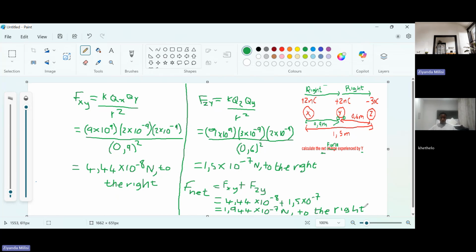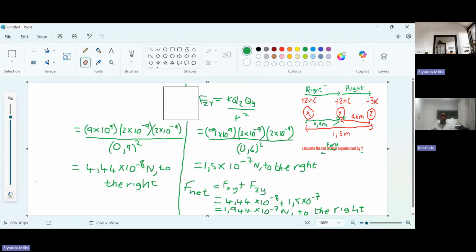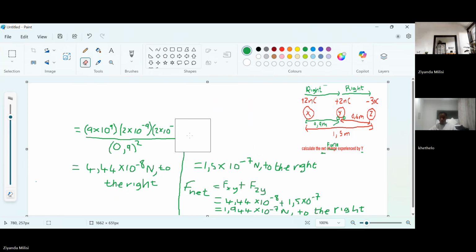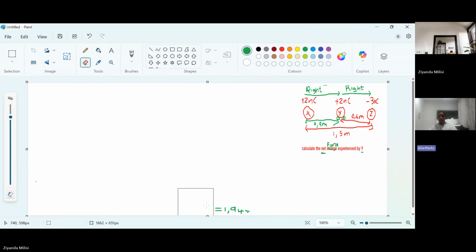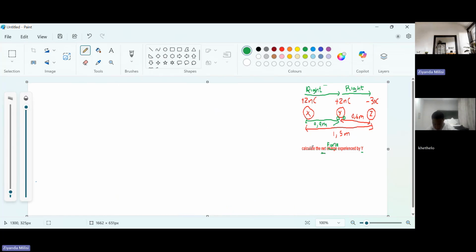Okay. Then quickly, let's look now at two dimensions. I sent you the worksheet on your mom's WhatsApp, okay? I will give you homework on that worksheet. All right, then let's say now these charges are at right angles to each other.